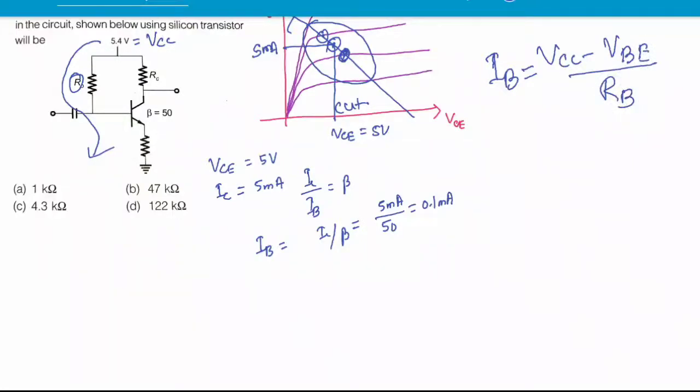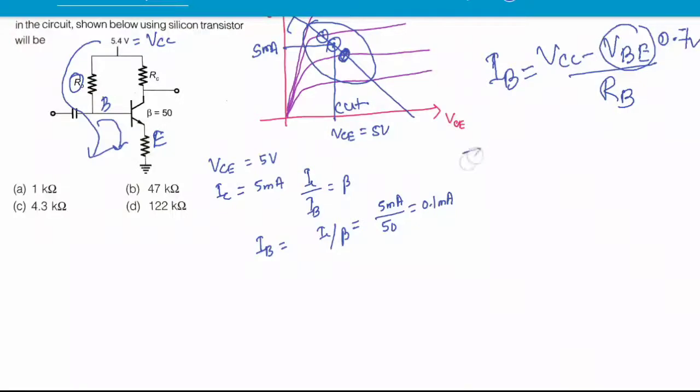This is VCC, this is VBE, that means base to emitter voltage, and RB is given. VBE for a silicon transistor will be 0.7 volt.